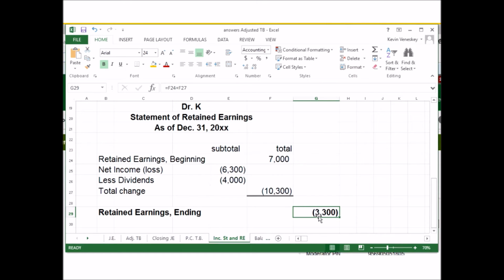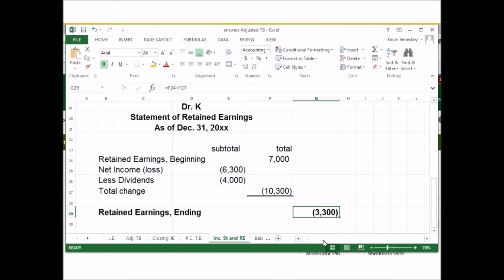Remember back to the closing entries. This is the only account where you can have a final balance of a negative, and you could have still done everything correct as we have. The business isn't doing well, but this is the only type of account where you can have a negative balance, and it doesn't mean you messed up. Like, for example, you wouldn't have a credit to cash as your final balance.